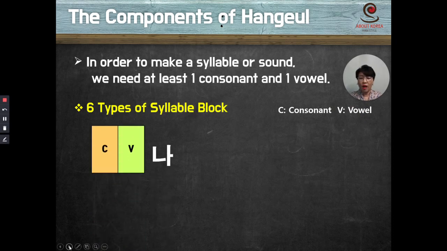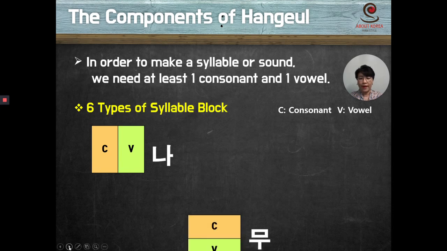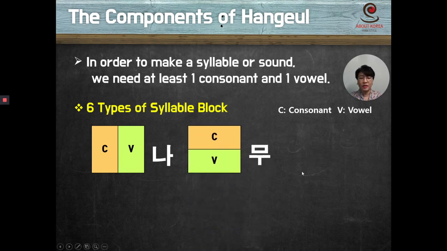The first syllable block has a consonant in the initial position and a vowel in the second position. An example is na. The second block has a consonant in the first position and a vowel in the last position. An example is mu.